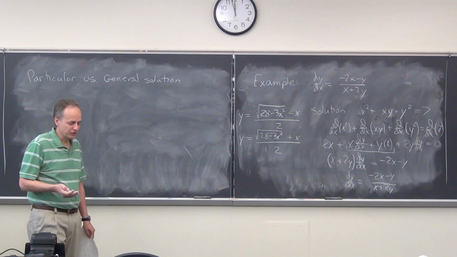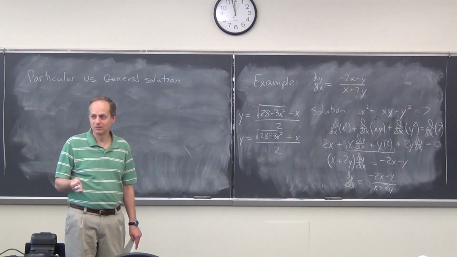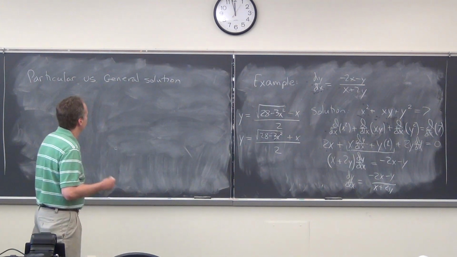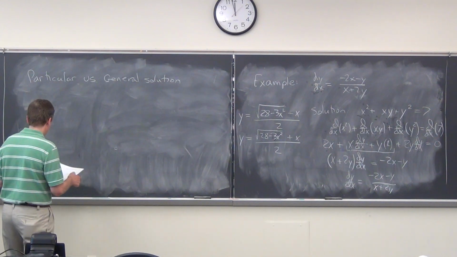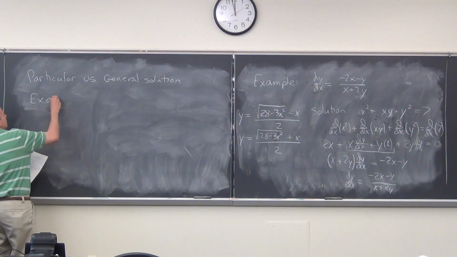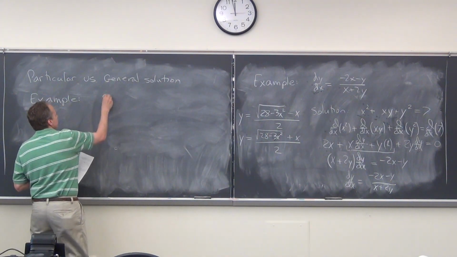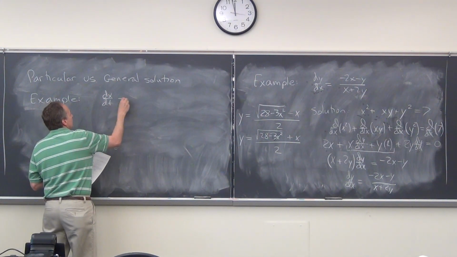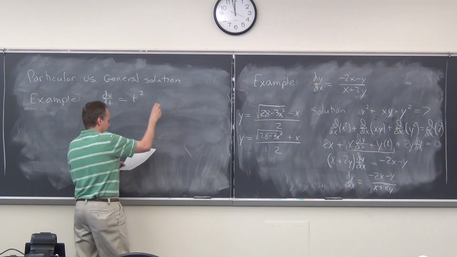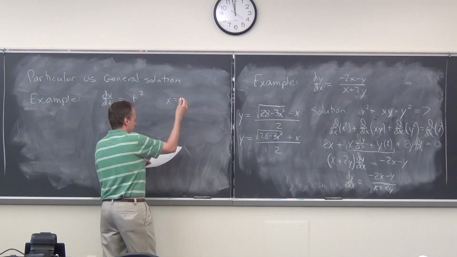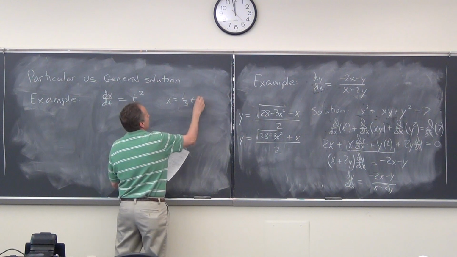Typically, when you solve a differential equation, you produce a whole family of solutions that involve one or more parameters. Here are two examples. Again, don't worry too much about how these are found, although this is one where you can pretty easily find it; in fact, we did this one earlier.